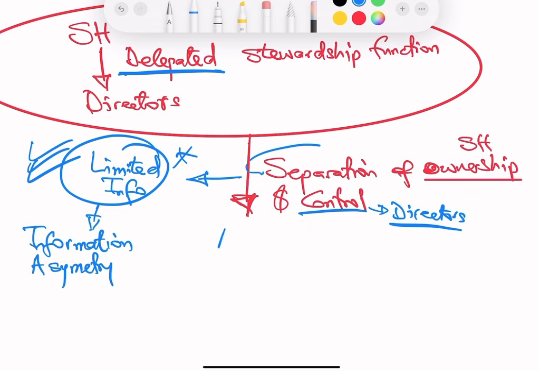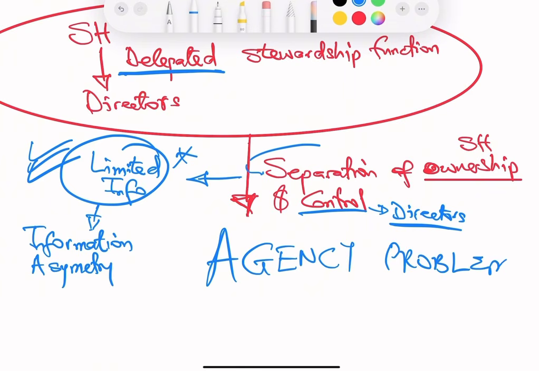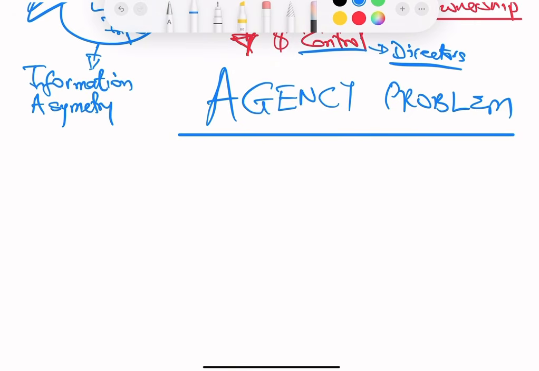This is what creates the agency problem. And that is the summary of the agency problem, which means that the agent might not act in the best interest of his principal.